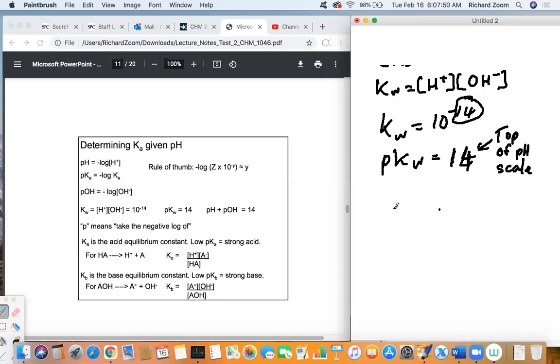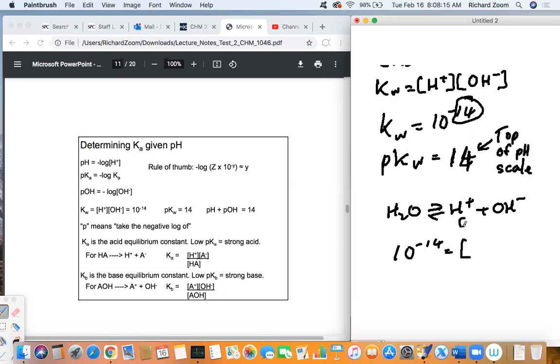Now the other thing is, if we go back to our reaction here, we've got H plus and OH minus here. We get one of each when any given water molecule does split apart. And what that means is we can actually say, well, 10 to the negative 14 then.